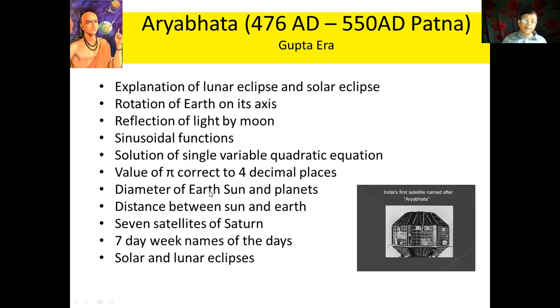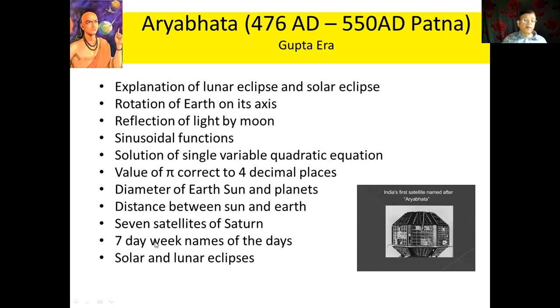He also gave the diameter of Earth, Sun, and planets. It is amazing, how did he do it? The distance between Sun and Earth, and these are very accurate estimates. These are not way off estimates. They're very, very close to the modern realities. And even at that time, when you could barely see Saturn in the sky, he wrote about 7 satellites of Saturn. So this is mind-boggling, really.